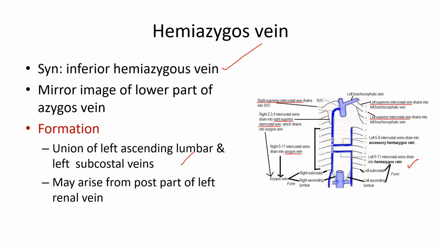They will join and form the hemiazygos vein. It can also arise from the posterior part of the left renal vein. In this picture, you can see it being formed by the left subcostal and left ascending lumbar veins.